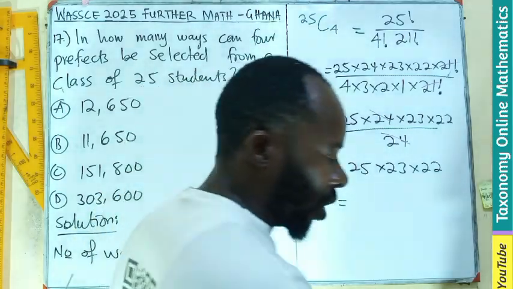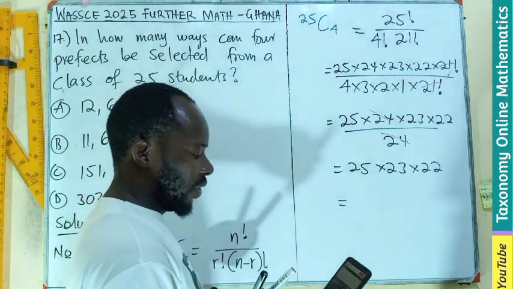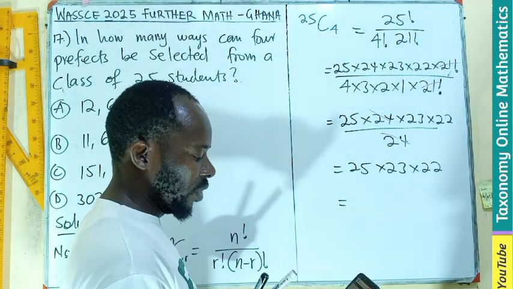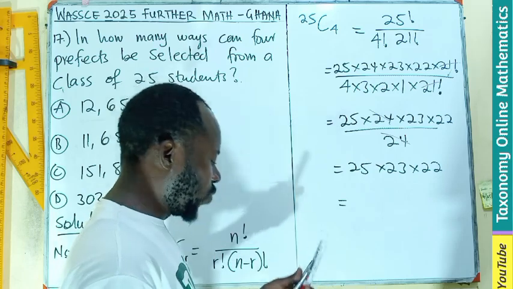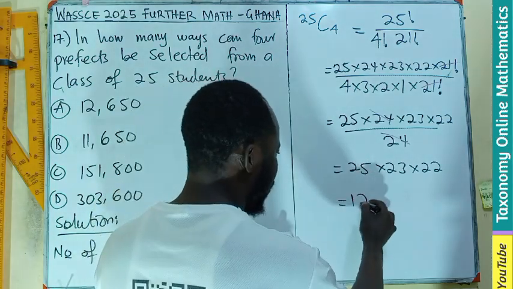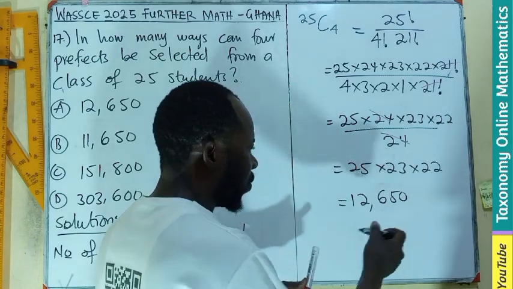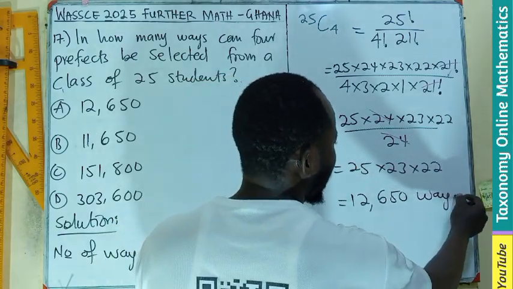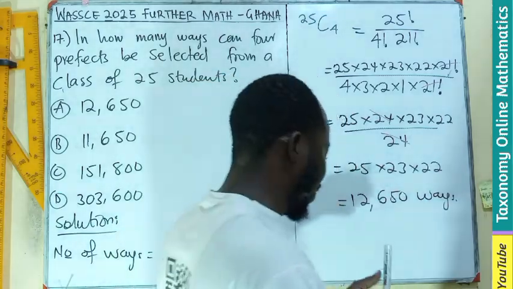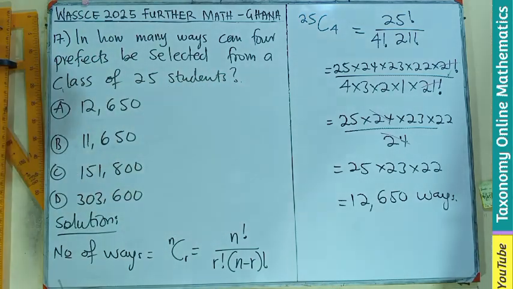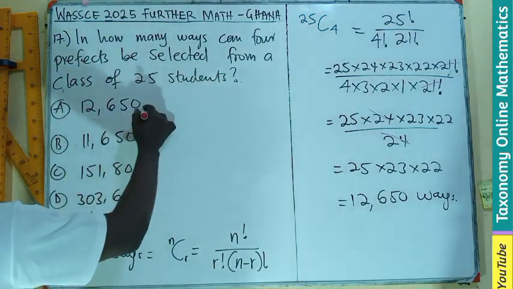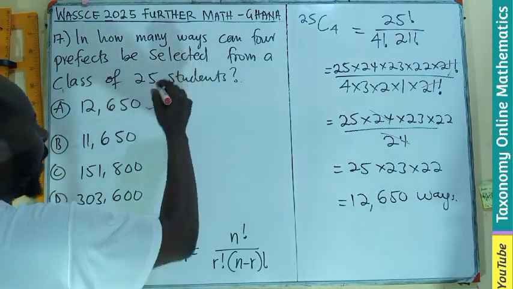And if you do that on your calculator, 25 times 23 times 22 gives you 12,650 ways, right? So these are the number of ways by which this can be selected. Let's check and see. That will give us option A.